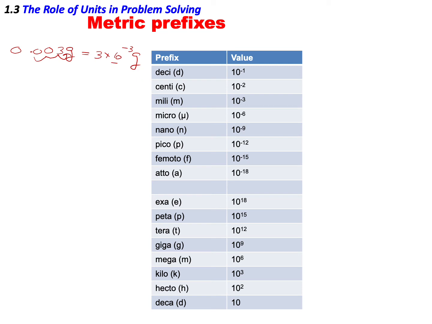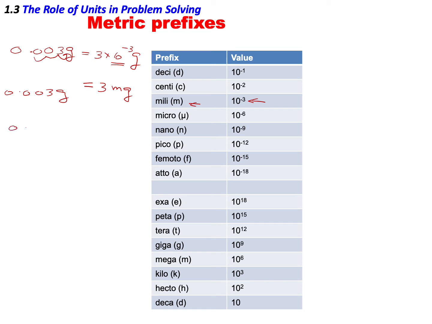Okay, so from this table we know 10 to negative 3 is milli. So therefore instead of 10 to the power negative 3, you can write milli. Milli means m for milligrams. So 0.003 grams equals 3 milligrams.